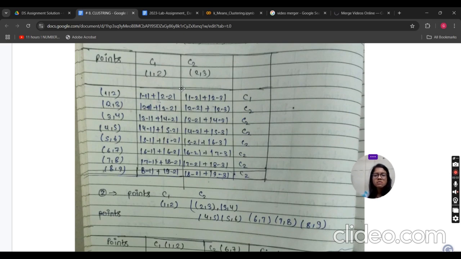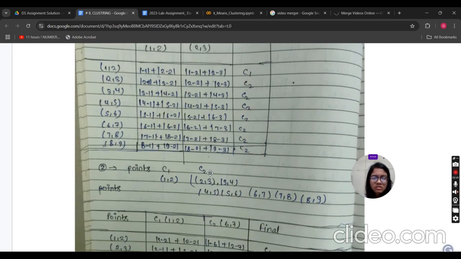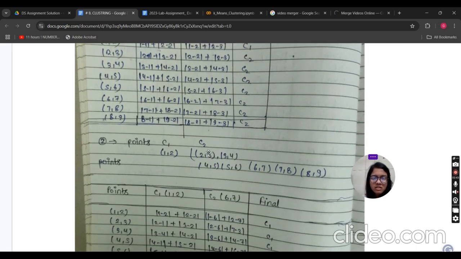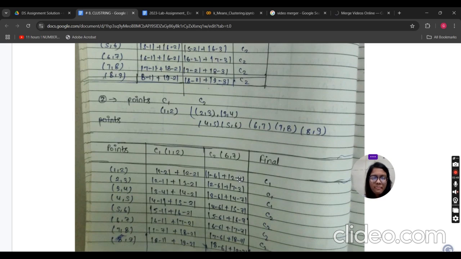This is the smallest value, so it goes in cluster C1. So C1 has data points 1 2, and C2 has data points 2 3, 3 4, 4 5 and the rest.